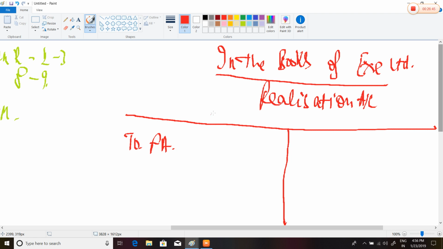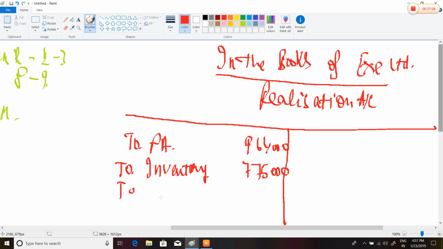To fixed assets 9,64,000. To inventory 7,75,000. To trade receivables, I'm combining it here, you have to write properly.